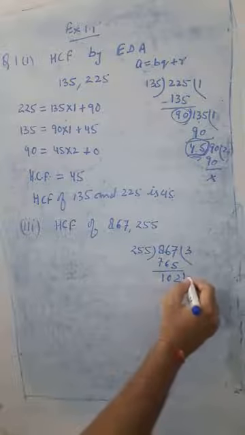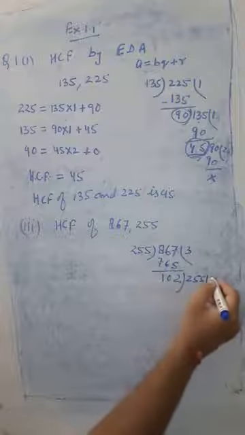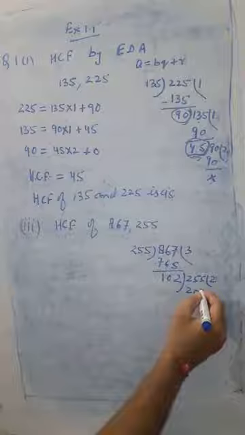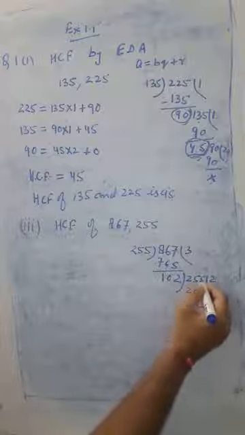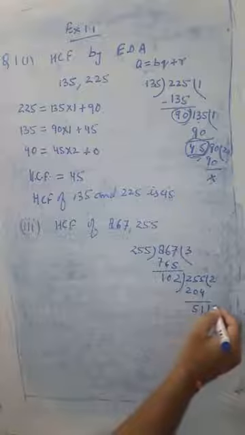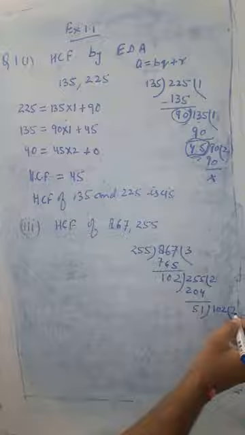Again divide 255 by 102, it goes 2 times. So this is 204. Now 5, this is 1, this is 5. Again divide 102 by 51, it goes 2 times.